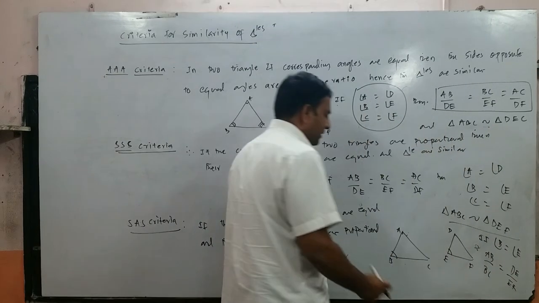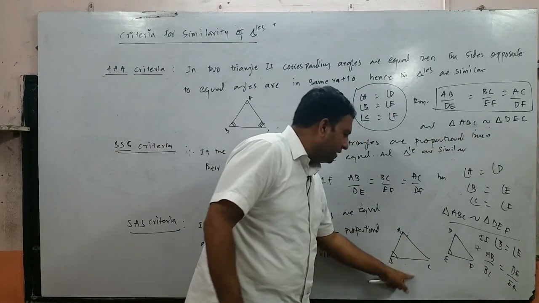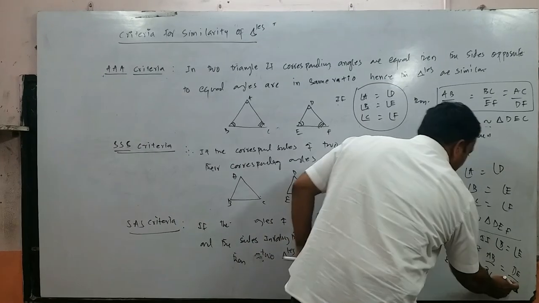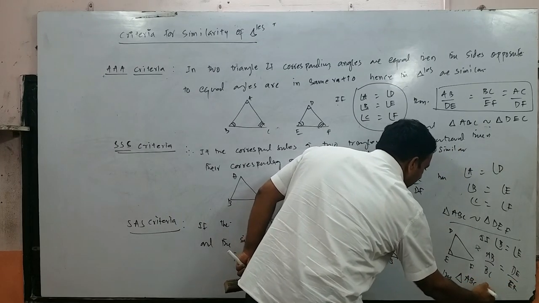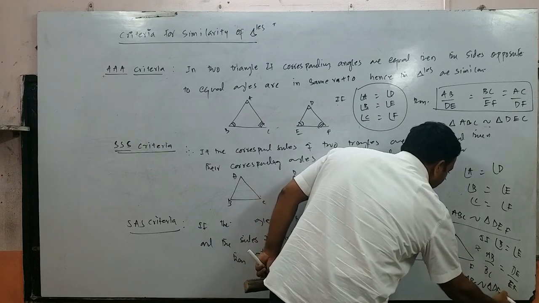Whenever this happens, when these two angles are equal and the sides involving these two angles are proportional, DE by EF, then you can say triangle ABC is similar to triangle DEF, right?